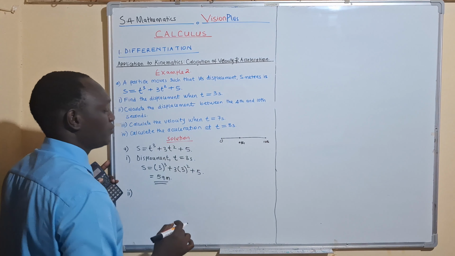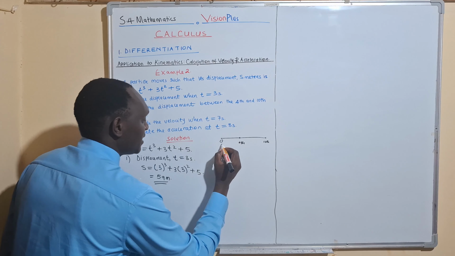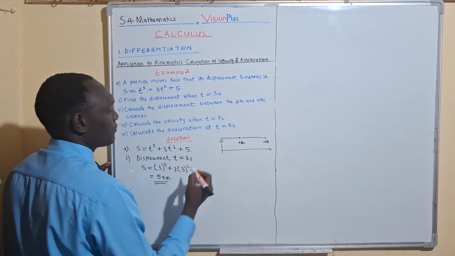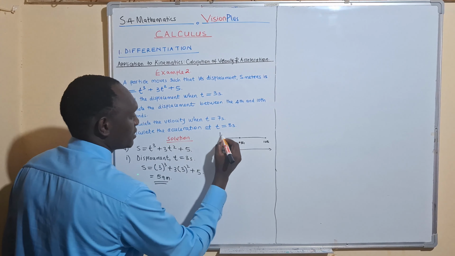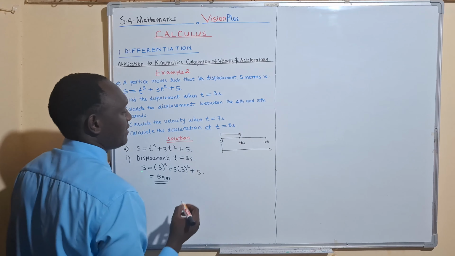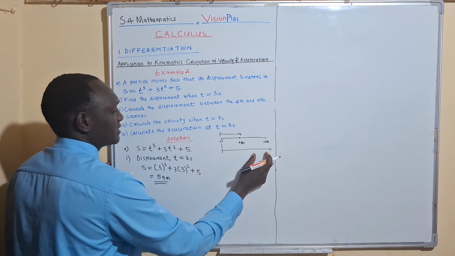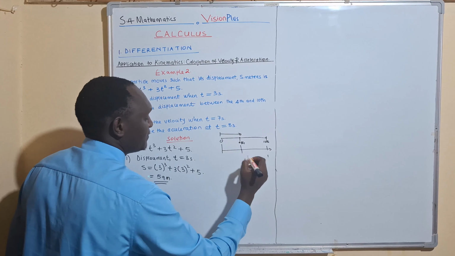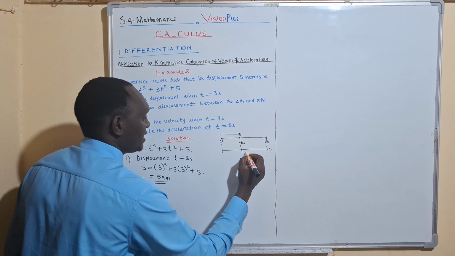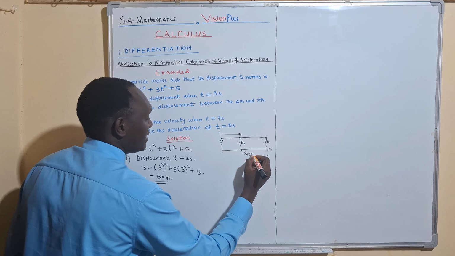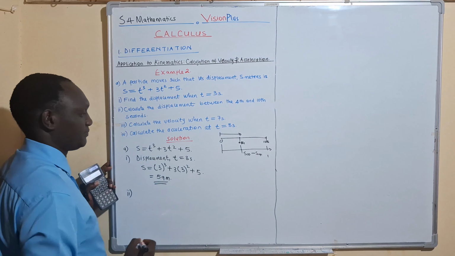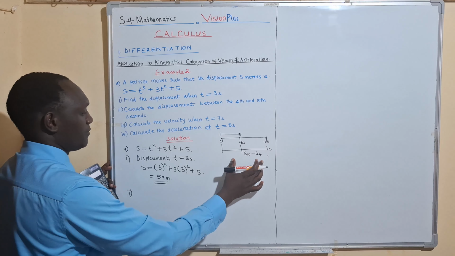Now, what can we do? We need to get the displacement from the origin up to the 10th second. We also get the displacement from the origin up to the 4th second, and then we get the difference. This is the displacement of the 10th second minus the displacement of the 4th second. That is what we can do.